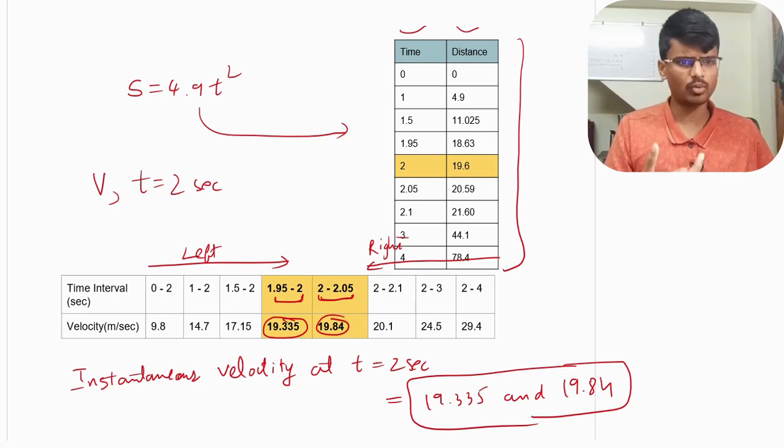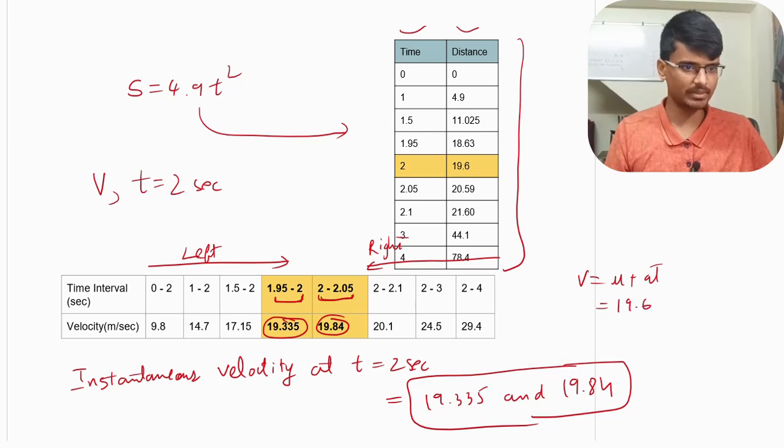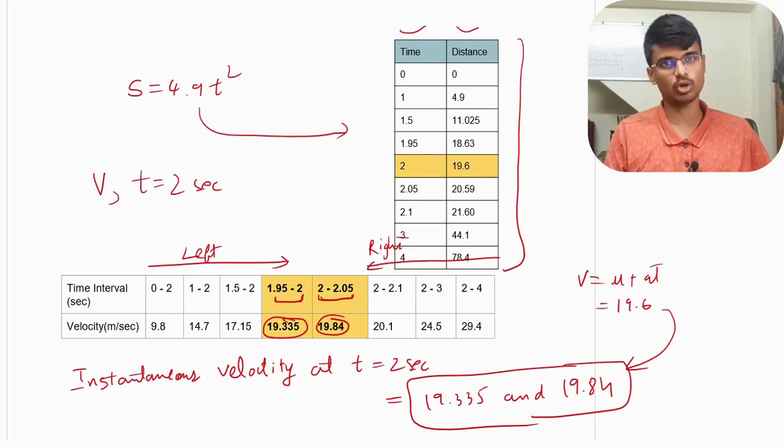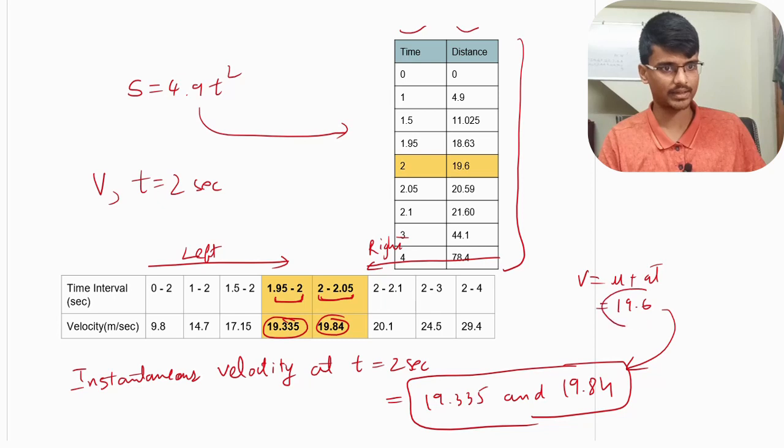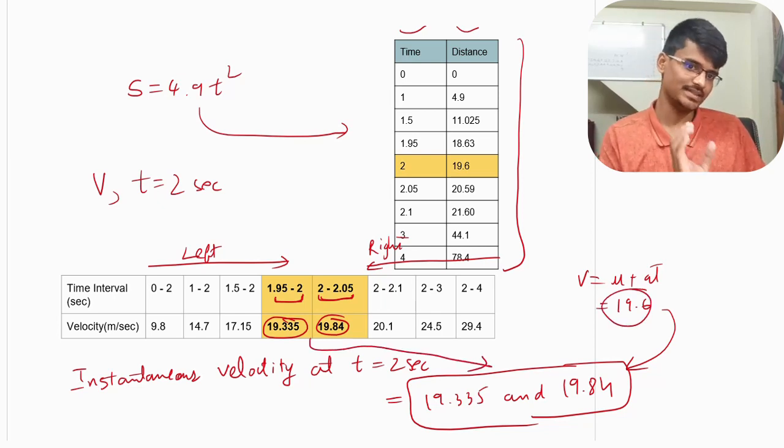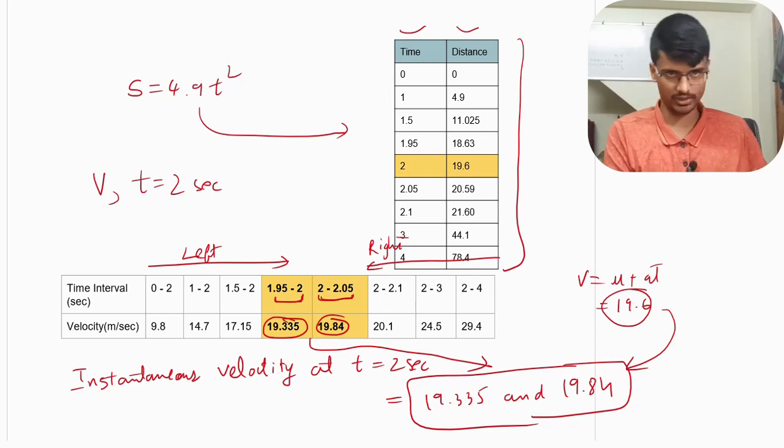So what we found out using the law of equation, that is v is equal to u plus at, that gave us around 19.6. So using this method also we'll get the same thing, right? So as and when we take smaller and smaller values, we'll approach the exact thing. So from this we concluded the instantaneous velocity lies in between this only.